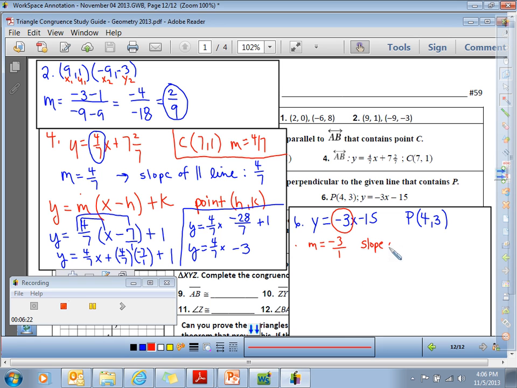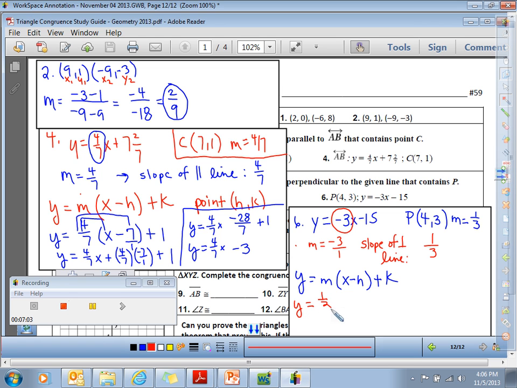The slope of the perpendicular line is going to be the reciprocal, which would be 1 over 3, and since this one's negative, this would be positive. Okay, so the point is (4, 3), and the slope is going to be 1 over 3. So if I have y is equal to m times x minus h plus k, I can plug all of that in.